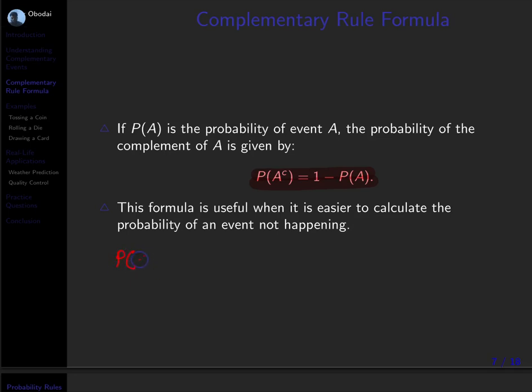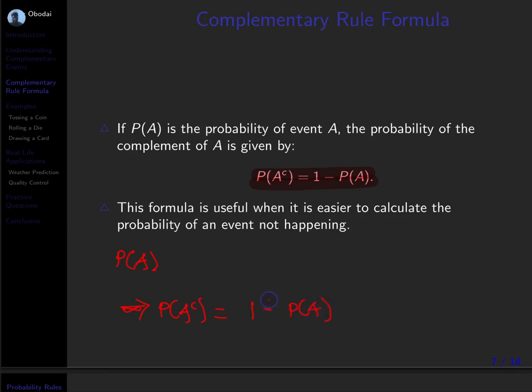So if we have the probability of A, we can always solve for the probability of the complementary event, which is, from what we have above here, equal to 1 minus the probability of A.